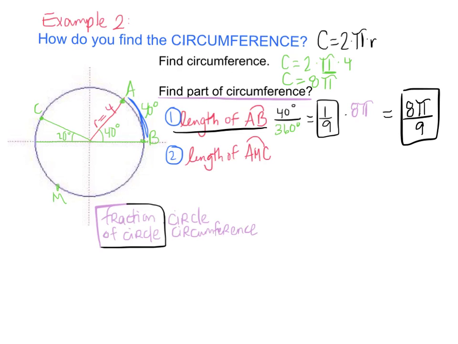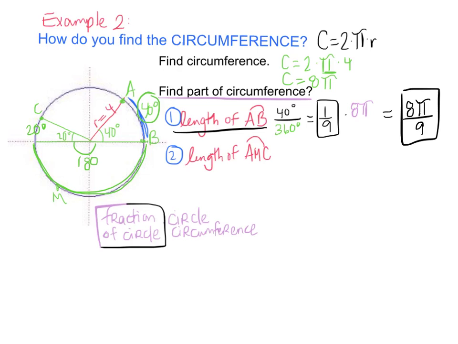The first thing I need to do is find the fraction of the circle. AMC covers this whole amount. Well, that's 40 degrees, 20 degrees, and how much is this half circle? Well, it's half of 360, or 180 degrees.